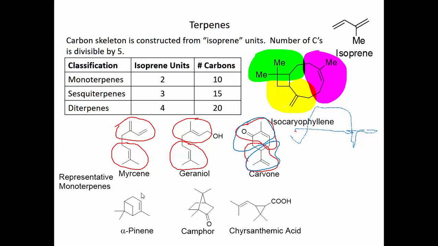Pinene is not quite as obvious here because we've got a lot of branching, but we're going to look at actually how this compound is made as well. But we can find an isoprene unit here. In camphor, let's see, isoprene units.